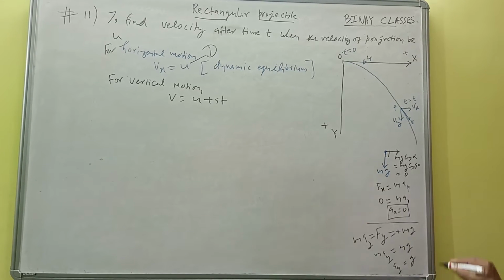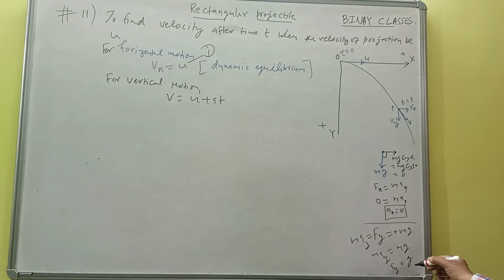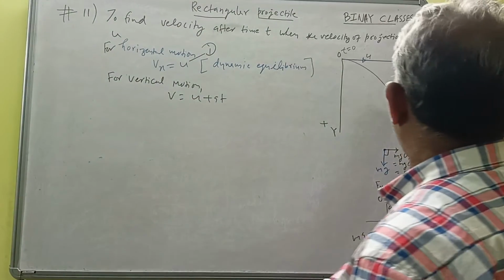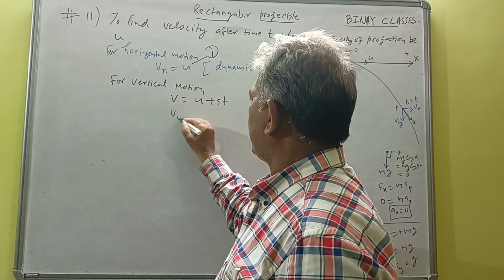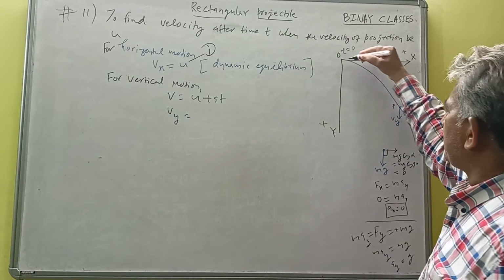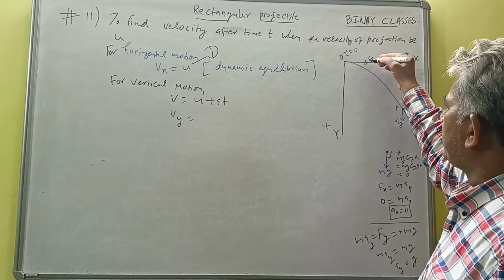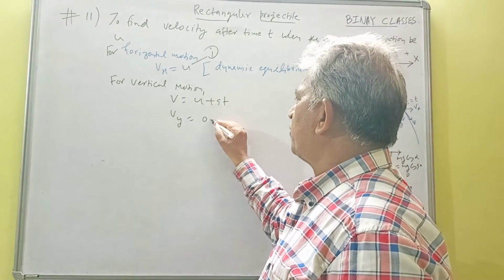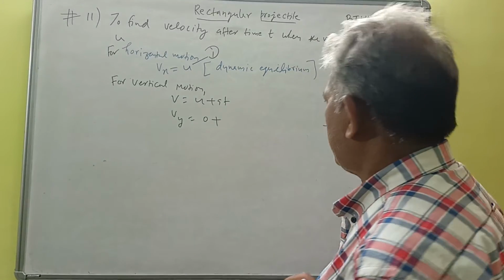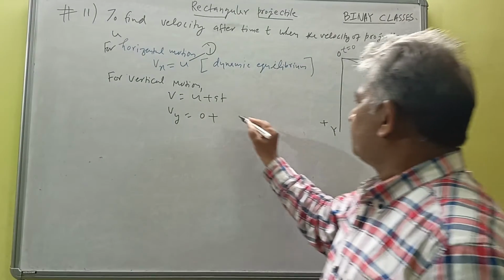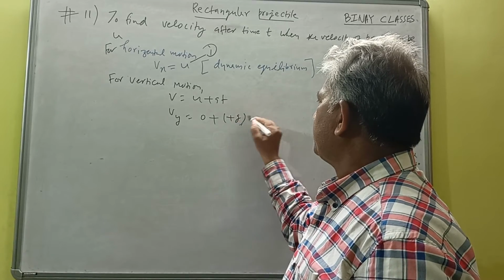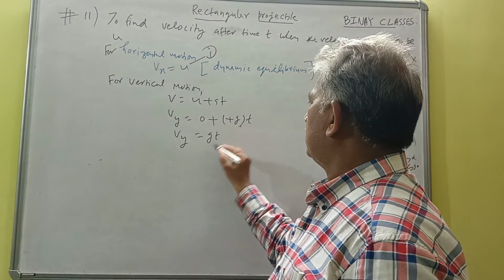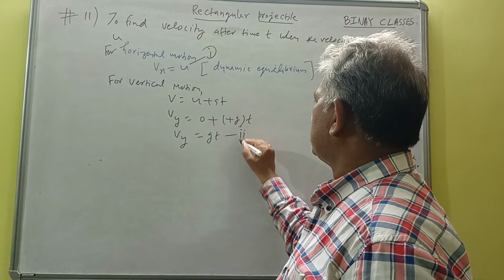So acceleration is constant along the y-axis. So we can put these answers in this equation. The final velocity vertically is Vy, and the component of the initial velocity along the vertical direction will be u cos 90, and that is 0. No component along the vertical direction for the vertical downward motion, and acceleration is plus g, and time is t. So solving, Vy equals gt, the second relation.